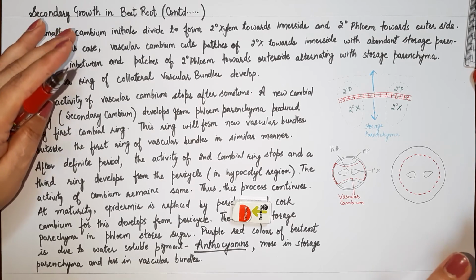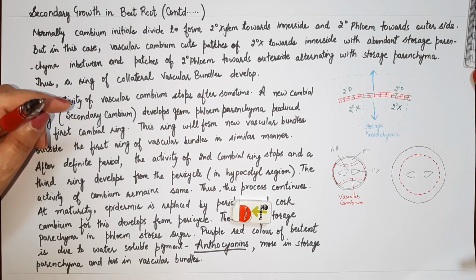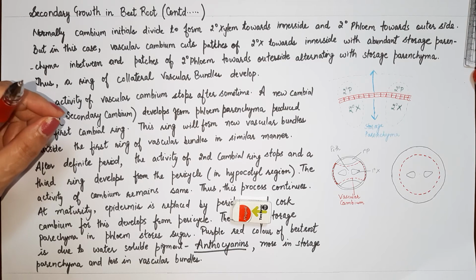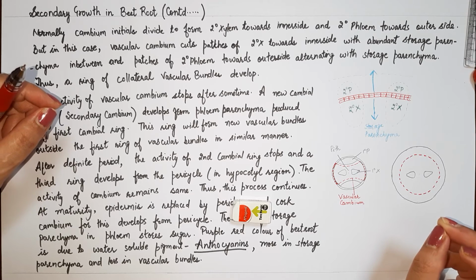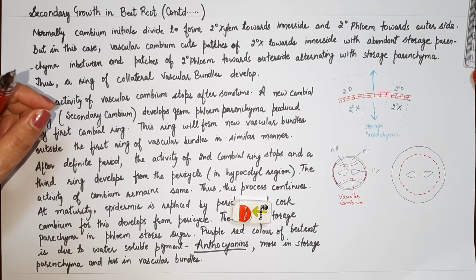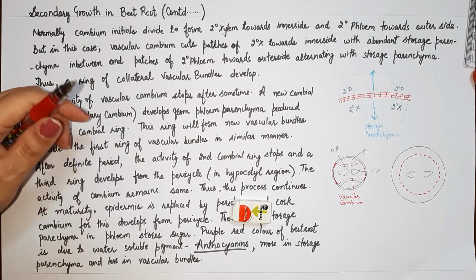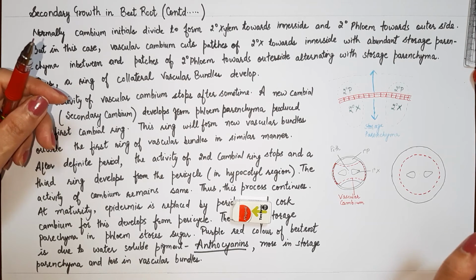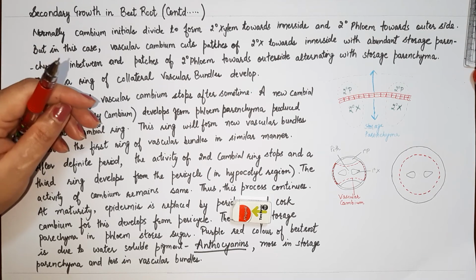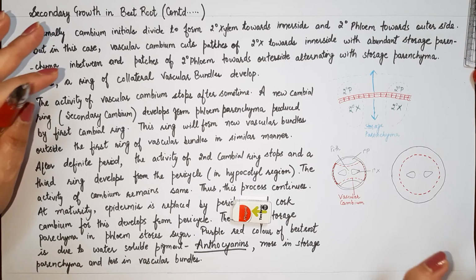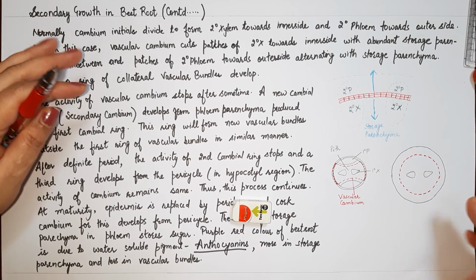That complete process will take place within the root when it is just 5 mm in diameter. That is really important: at the very beginning, when it is only 5 mm in diameter, all the cambial rings which are going to be formed in future have already developed.